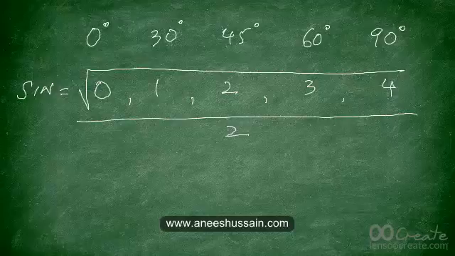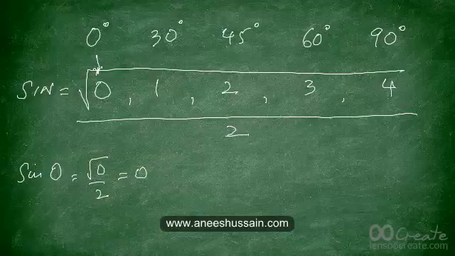Now see what I've drawn here. Sine is equal to the square root of 0 or 1 or 2 or 3 or 4 divided by 2. What does that mean? Well, it's very simple. Sine of 0 is going to be under root of 0 upon 2, which is equal to 0.